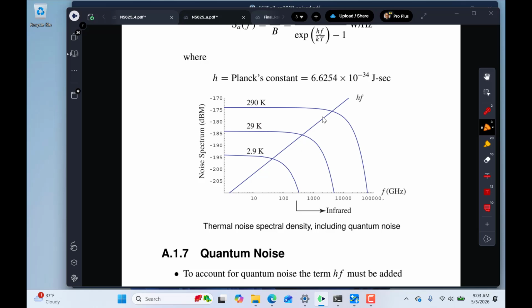We do have quantum noise, which is this overlay on here, which is rising up. But again, in terms of interfering with most microwave communications, it's just this 290 degrees Kelvin, which is the minus 174 dBm per hertz.